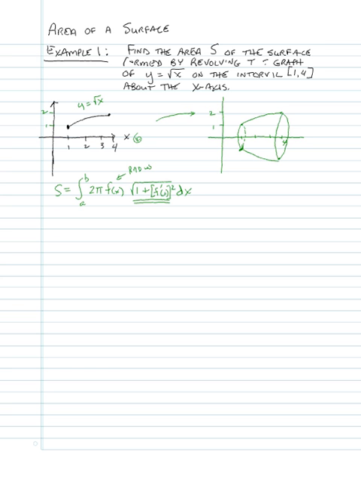So we're looking at a representative frustum here, and we would have something that looks like this going through here, and this radius, that is the distance right here along there, that's the radius we're talking about, and that's why that's f of x, because that's a y value, isn't it, at some given x.